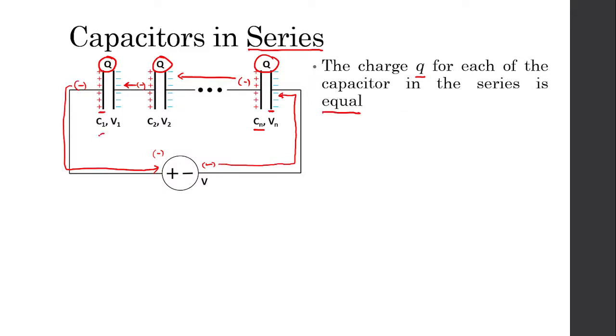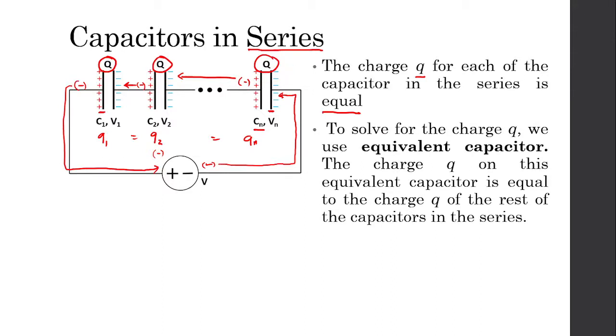So Q1 is equal to Q2 is equal to Qn, or however many capacitors you have. That's one thing that I want you to already remember. All the charges for each of the capacitors are equal for series.